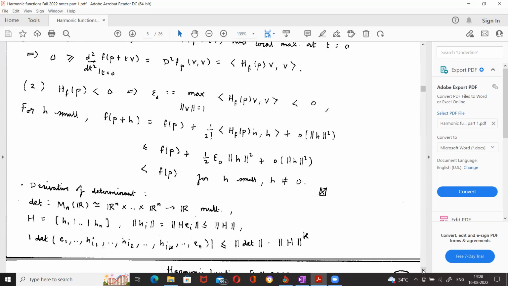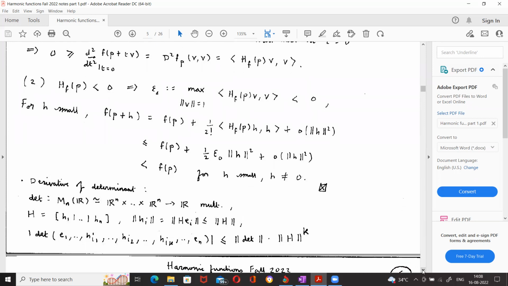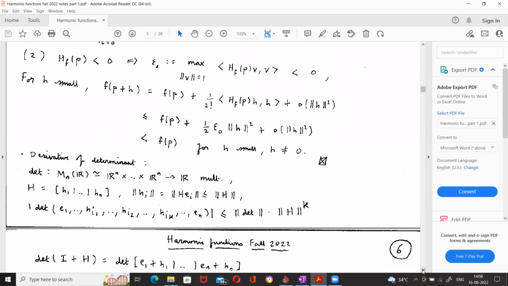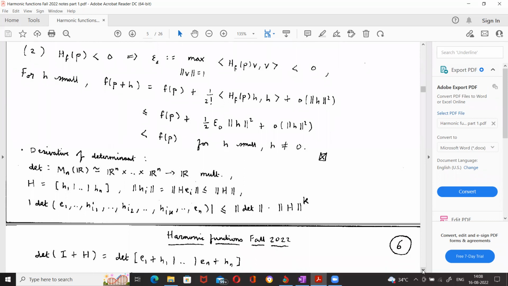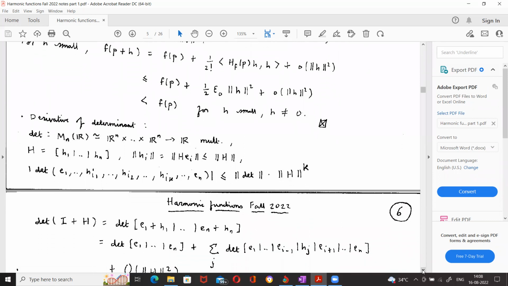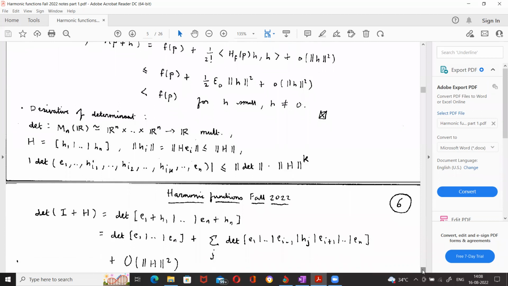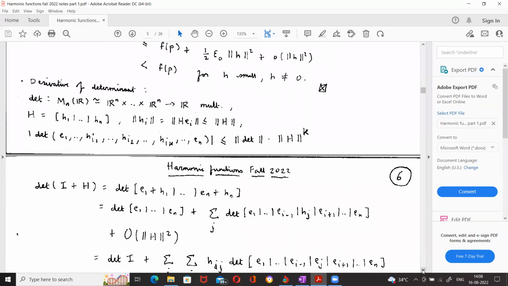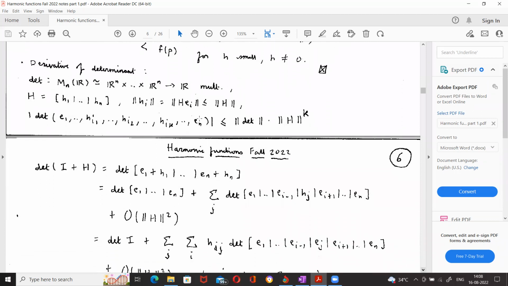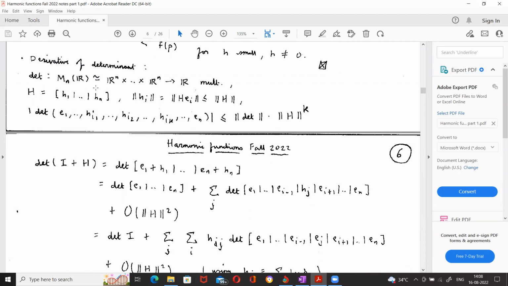All right, so we started by talking about derivatives. So let's calculate the derivative of one very important function for us, which will be the determinant. I can think of the determinant as a function from the vector space of n by n real matrices, M_n(R), to R, right?